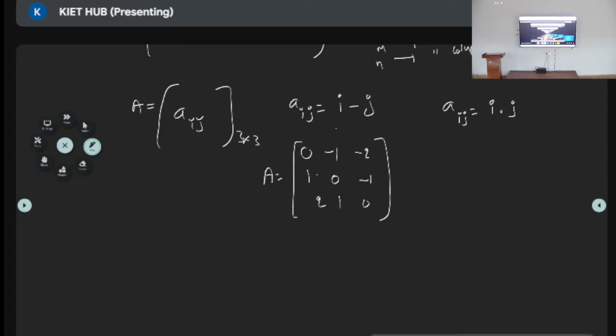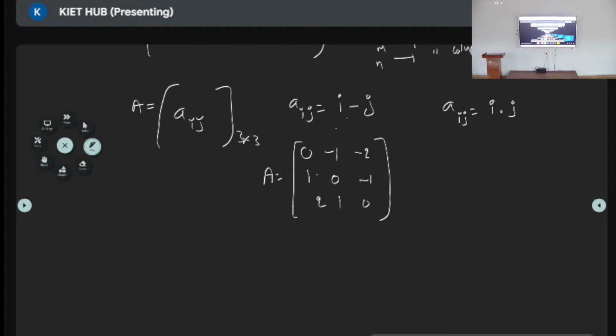All are understanding? I represents the row number, j is the column number. What is the row and column number of this element? Row number is 3, column number is 2, 3 minus 2, 1. 3 minus 3, 0.